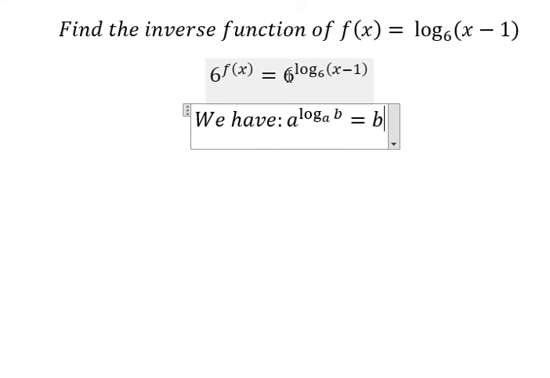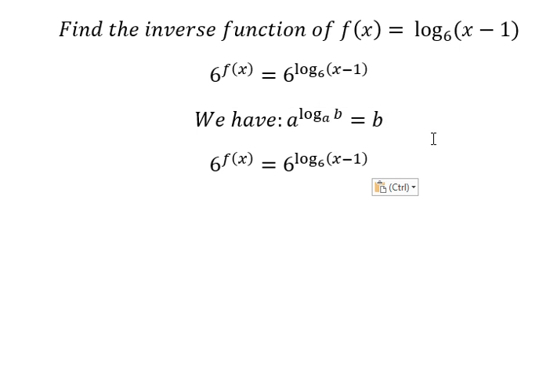So A is number 6, B is x minus 1. So we need to transform this one into this one.